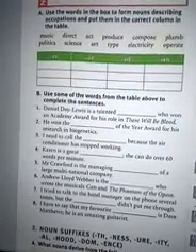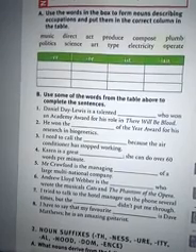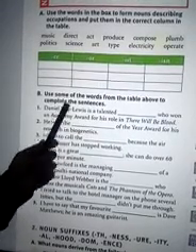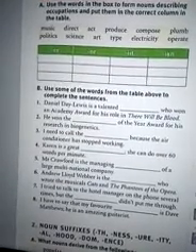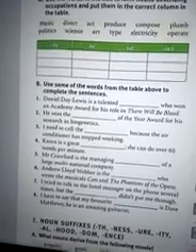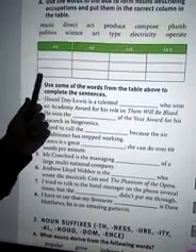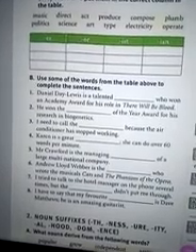Type, typist, and drop the E before you add an IST. Electricity, yes, electrician, and operate, operator, OR. Please pause the video, then check that you have written all these words under the suitable suffix.